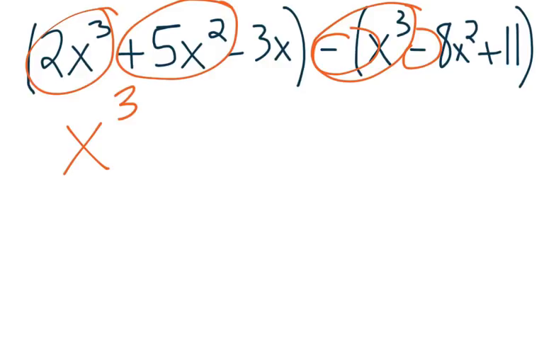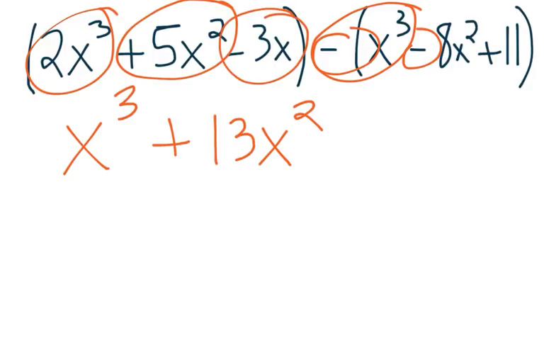So that's going to give me 13x squared. And lastly, negative 3x plus 11. Cannot combine those, so I'm going to tack on negative 3x and then subtract the 11. And again, all I did there was combine like terms, stuff that you guys have been doing since the beginning of the year.